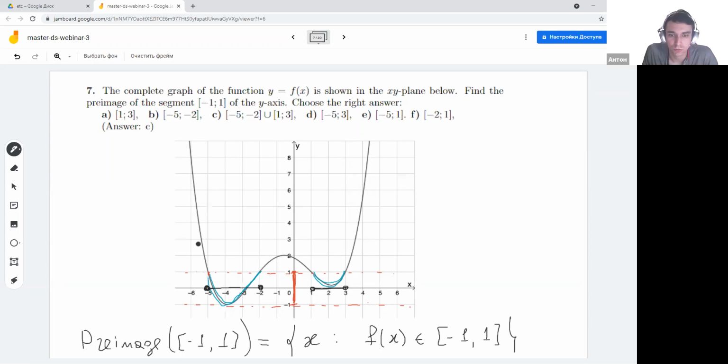We can't just choose the answer corresponding to this one segment, because it would be only partially correct. There is another part of the answer here. The correct answer is the union of these two segments, which is presented here. So our answer here is C.